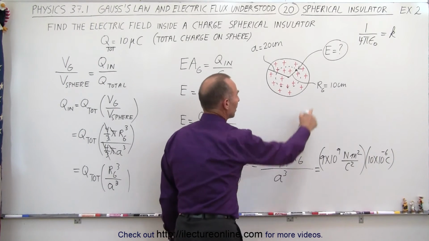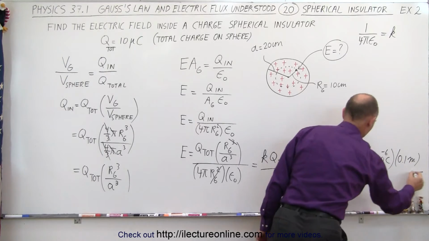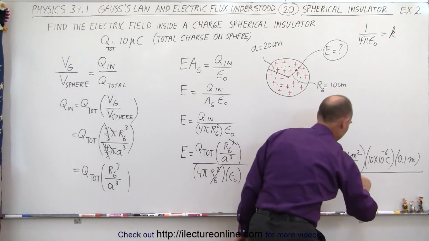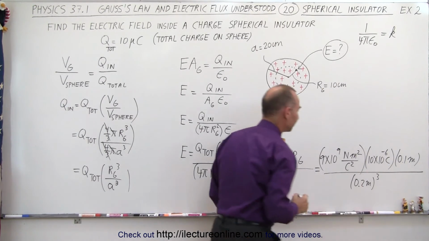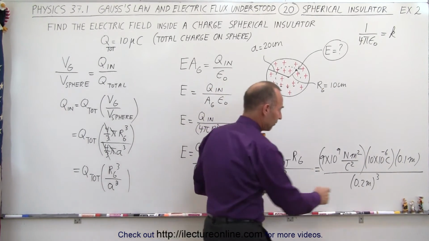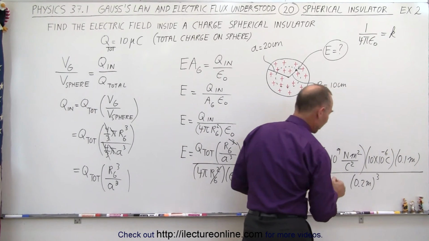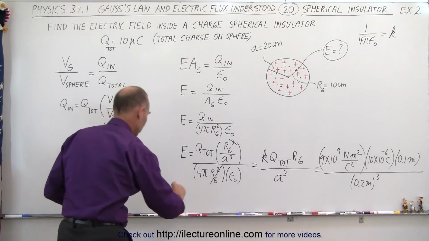The radius of the Gaussian surface was 10 centimeters, which is 0.1 meters, all divided by the radius of the total sphere, which is 0.2 meters, cubed. Notice that we have meters cubed in the denominator, and meters squared and meters in the numerator. All the meters cancel out, and one of the coulombs cancels out. We end up with newtons per coulomb, which is the correct unit.